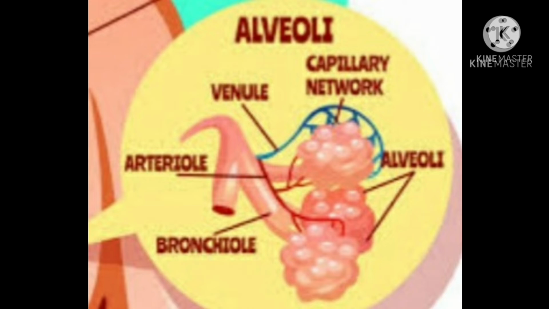From the inhaled air, oxygen diffuses into the blood in the capillaries which surround the alveoli. The blood carries oxygen to all parts of the body. This oxygen is carried by a red pigment, that is hemoglobin, present in red blood cells or RBC.